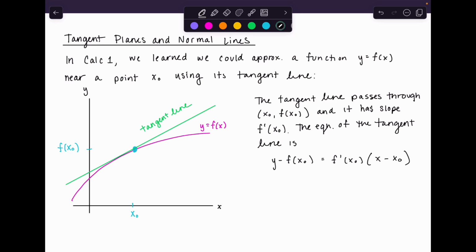And then we like our line just to be y equals all this stuff. So you just add this over, and this gives us our y is equal to the y value of the point plus the derivative evaluated at the point times x minus x naught. So this is the equation of our tangent line.